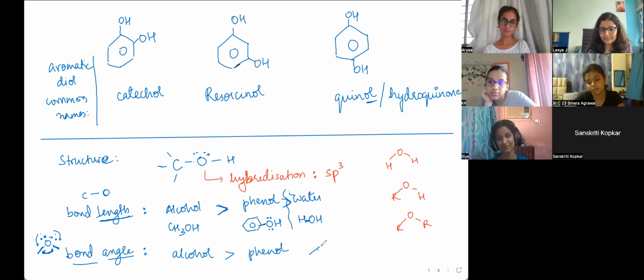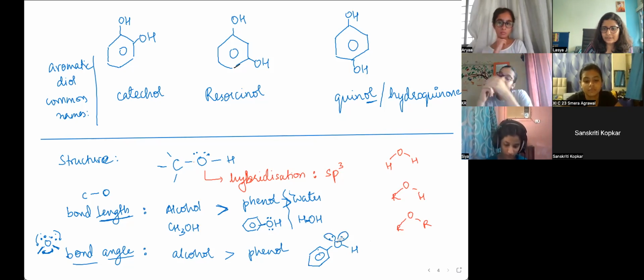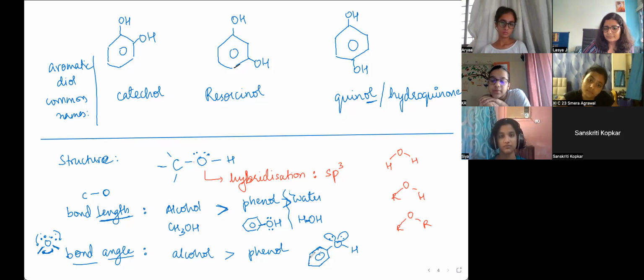Delocalized electrons, right? And the lone pair also has electrons. So this particular lone pair of electrons in the orbitals is also repelled by the electrons present in the ring. Yeah, but not as much as the lone pairs are repelling each other.